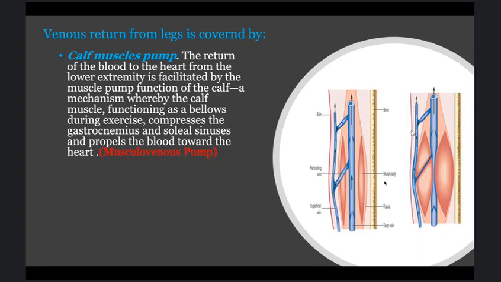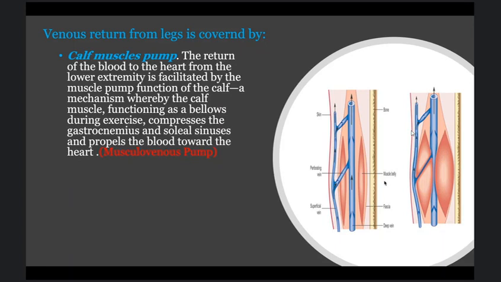This is called the musculovenous pump. This muscle function is responsible for the dynamic pressure, which is also very important in keeping the normal venous outflow from the limbs.